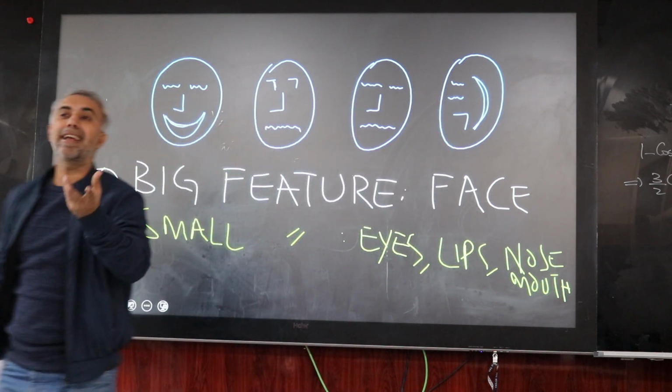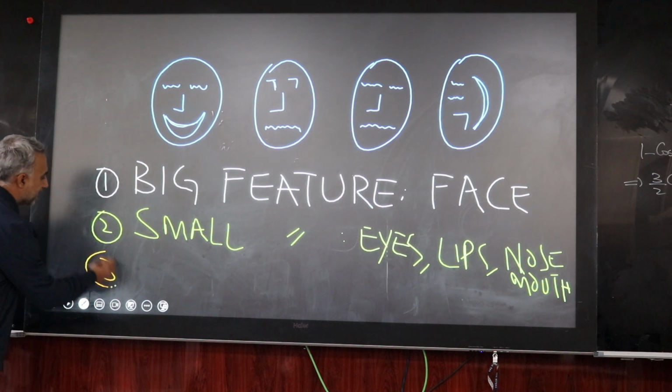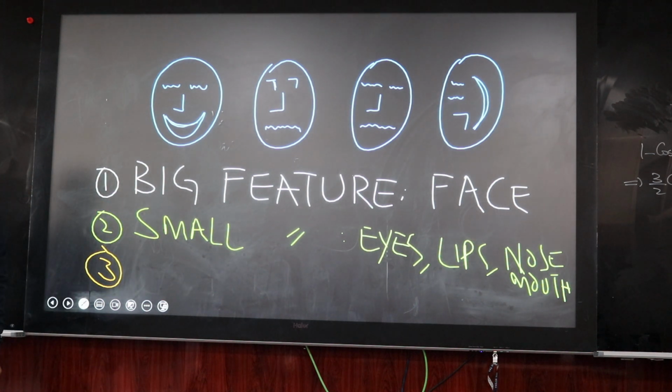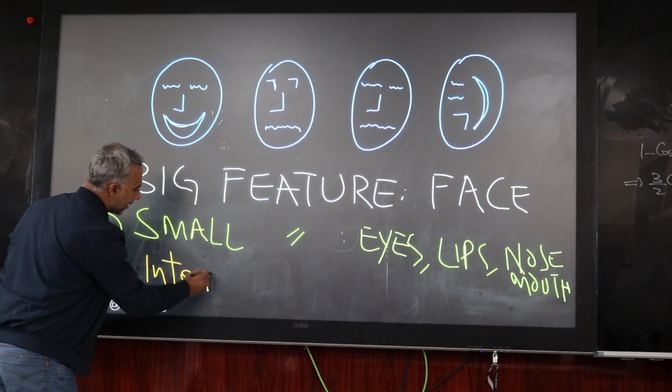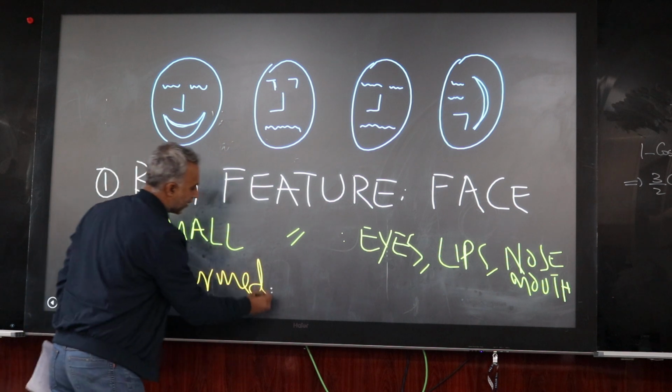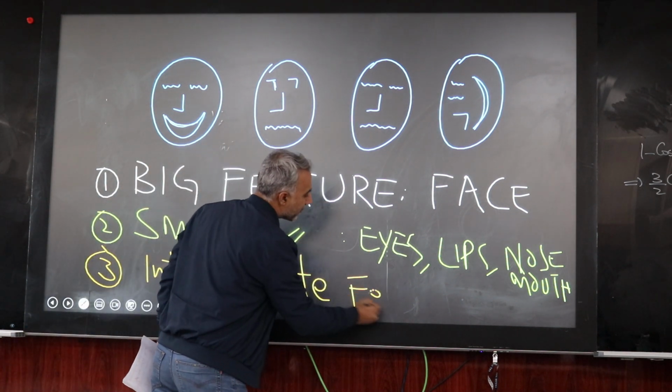But the important thing is, if you consider the intermediate feature, then somehow you can recognize it.